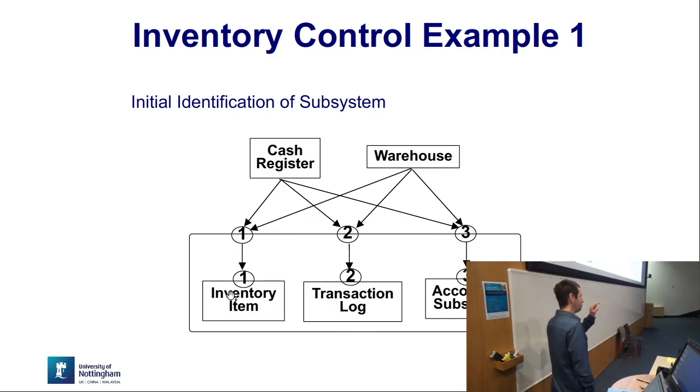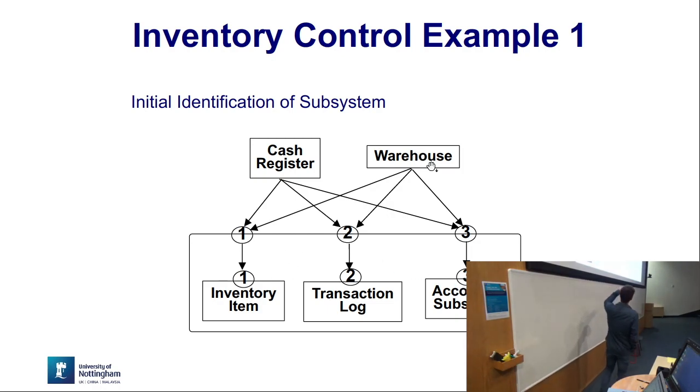Every time somebody buys something, they have to pay for it. First, before they have to pay for it at the cash register, then they have to pick up the item, then we need to keep a record of that transaction, and then we have to update the accounting, right? And the item comes from the warehouse.